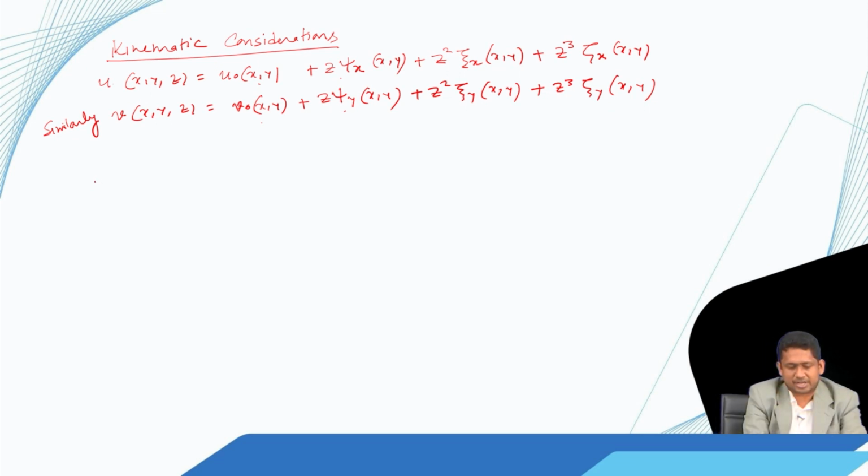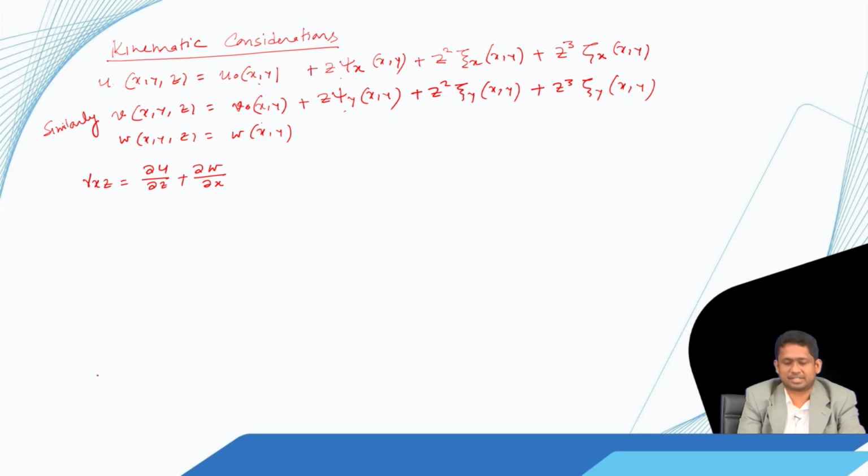Based on this, gamma xz becomes del u by del z plus del w by del x. So, w as a function of x, y, z remains a function of only x and y. w is not z dependent, that assumption is still there, so there is no thickening or thinning of the plates.